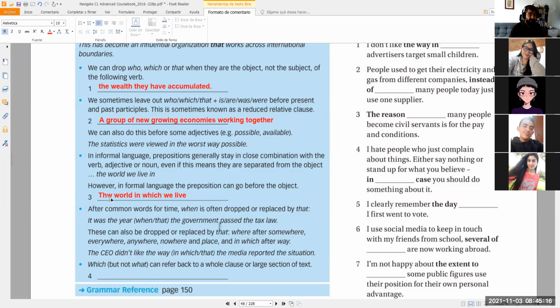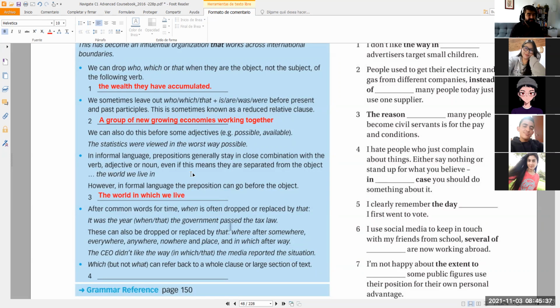You see? So here we have a very interesting contrast of the same expression both in informal language and formal. So if we are writing, guys, this would be the best way to put it. The world in which we live versus the world we live in. You see, this structure would be more common in speaking.